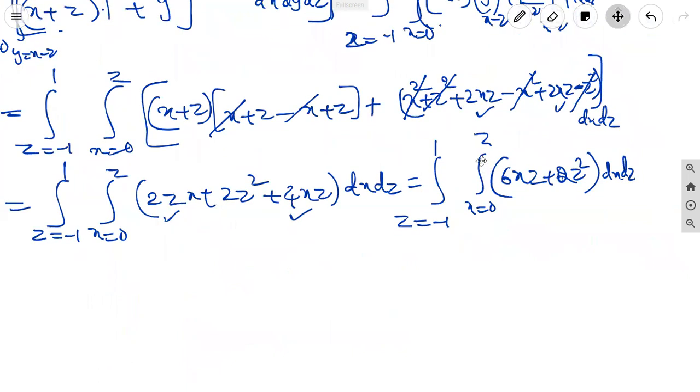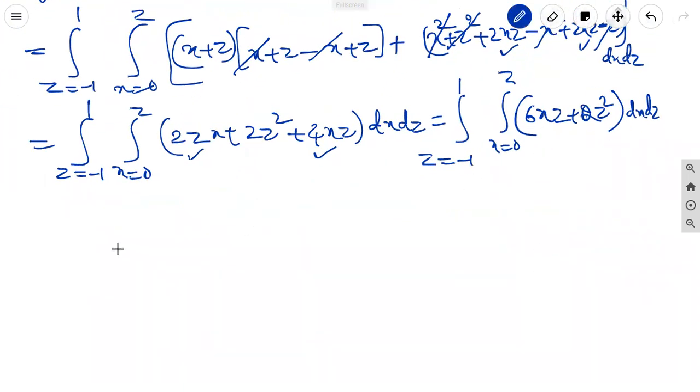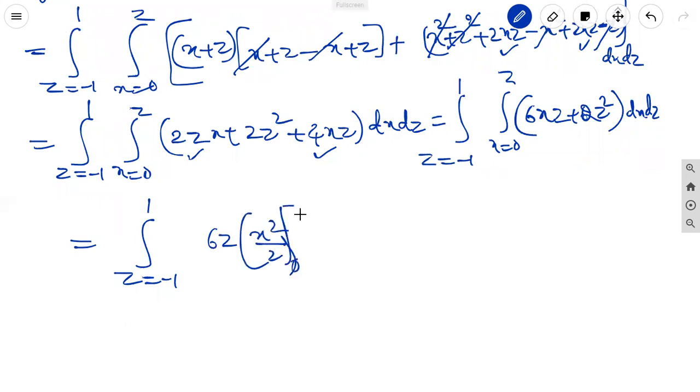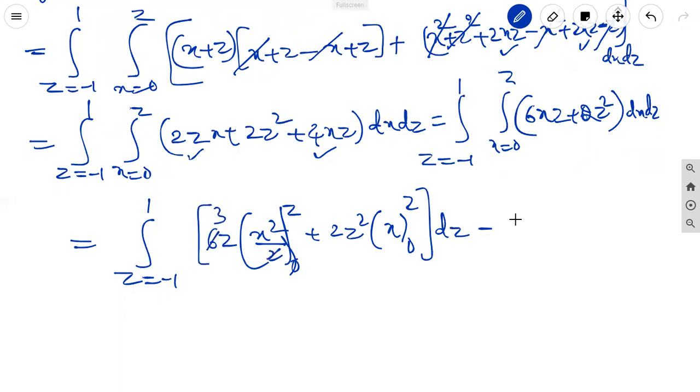Now we integrate with respect to x. Integral z equals -1 to 1, 6z is a constant, the integration of x is x square by 2, limits from 0 to z, plus 2z square is a constant, the integration of dx is x, limits from 0 to z, whole dz. 2 ones are 2, 3 twos are 6, it is equal to integral z equals -1 to 1, 3z into z square minus 0 plus 2z square into z minus 0 whole dz.